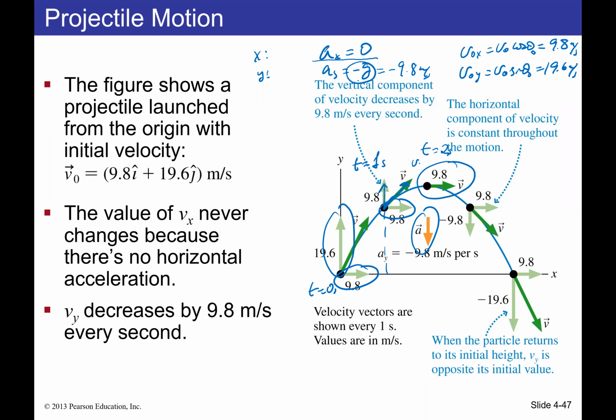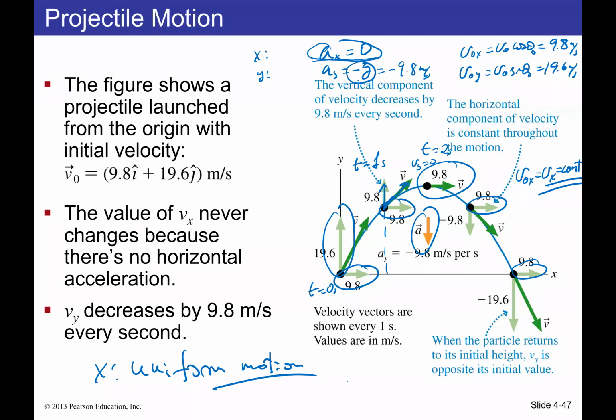So Vy here is 0. How about Vx? Well, it decreased by exactly 0 amount. It means it's exactly the same as before. And you can see that Vx is always exactly the same because V naught x is the same as Vx at any time and is constant, which means in the x direction, you have a uniform motion.